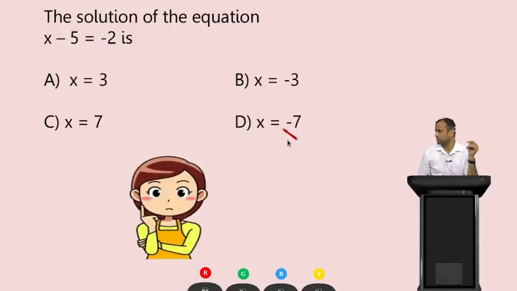Okay, it's question time. Now you have to find what is the solution of this equation, and your time starts now. Just find the value of this equation.